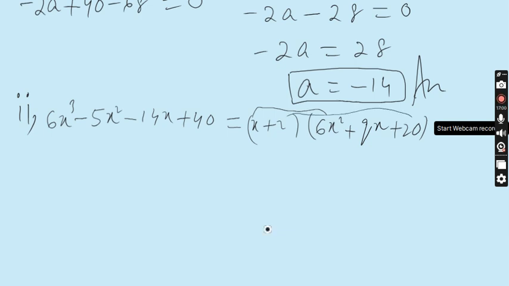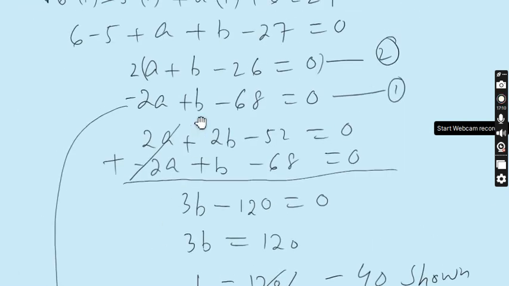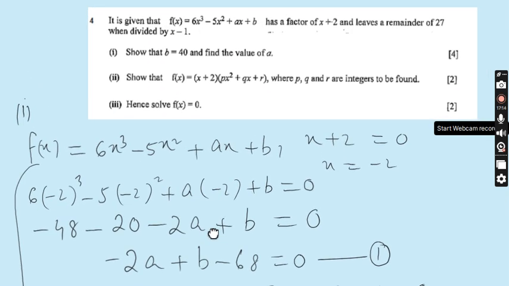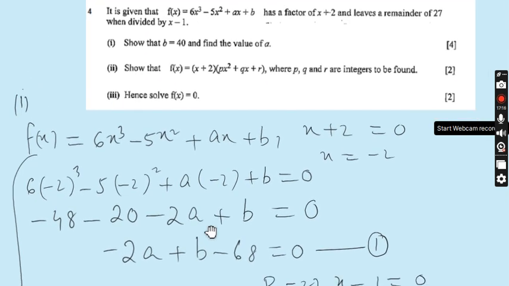Okay, so this is the answer of part 2. Just show the cubic equation in the form of a quadratic factor and a linear factor: f(x) is equal to (x plus 2)(px square plus qx plus r), where p, q and r are integers to be found.